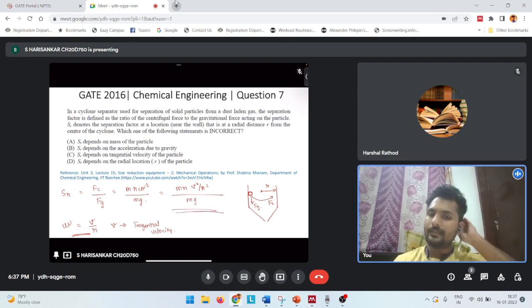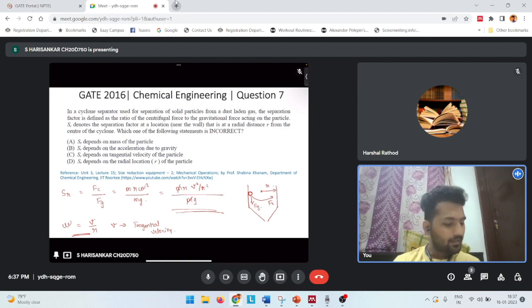Now in this equation, we can cancel out a lot of terms. So the m will get cancelled in the numerator and the denominator, and this r will also get cancelled once here. So the final equation for the separation factor SR will be equal to V square by R G.